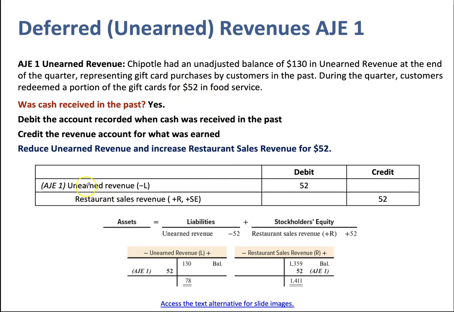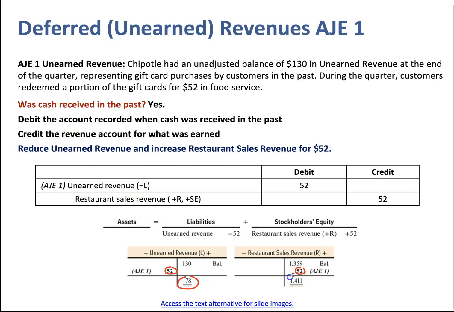So we need to debit unearned revenue, which, as I did in the previous slides, decreases the unearned revenue and brings the account to the right amount, and we will credit the revenue account. When we credit a revenue account, revenue increases, right? So we increase the revenue account by 52.